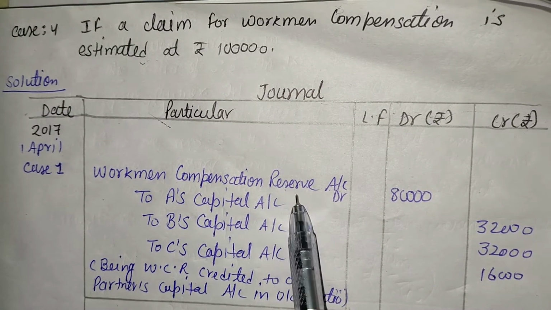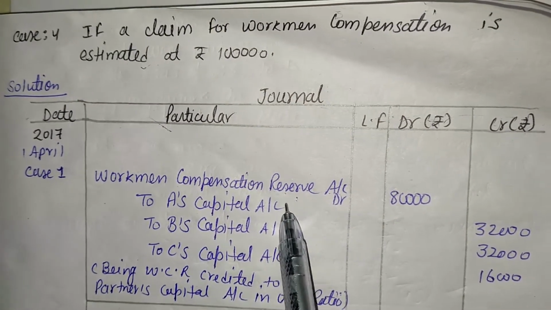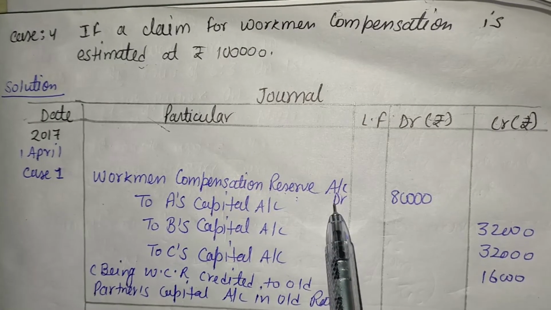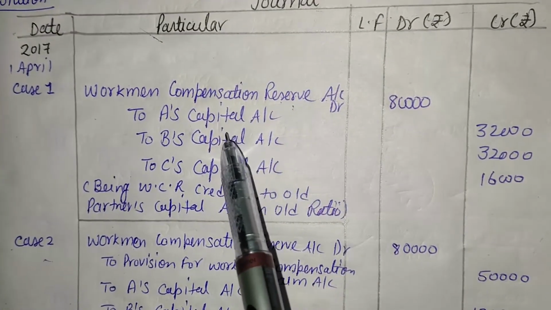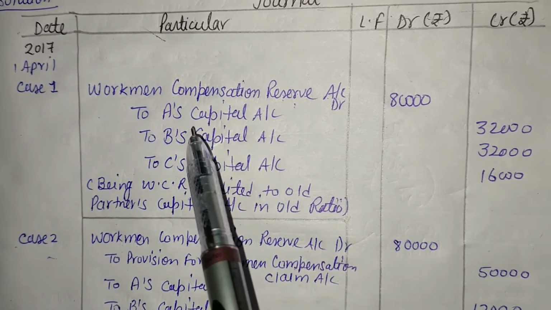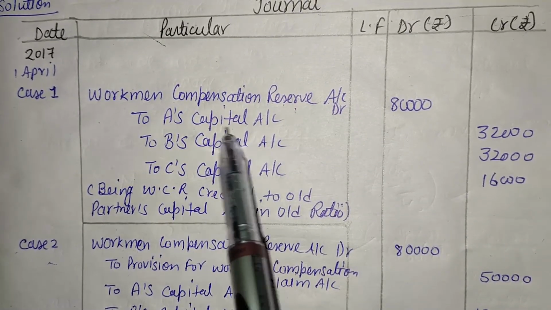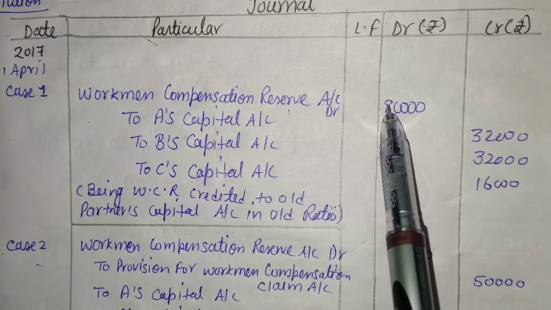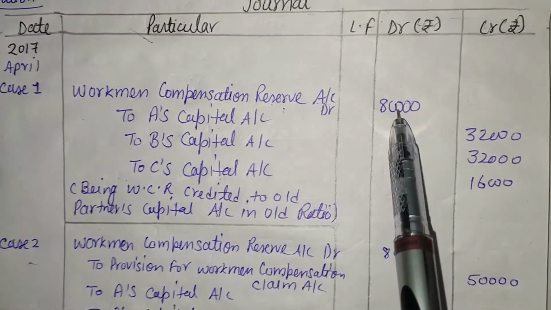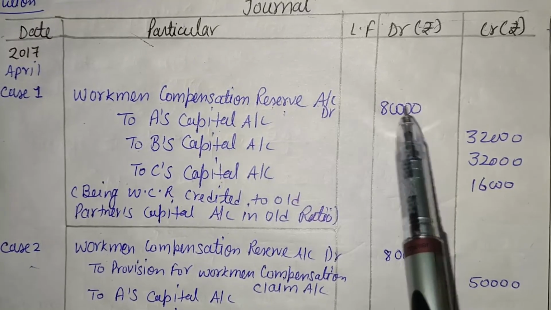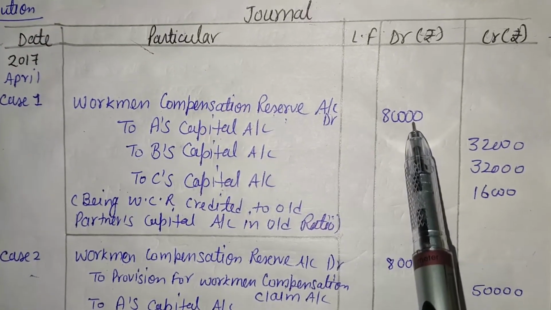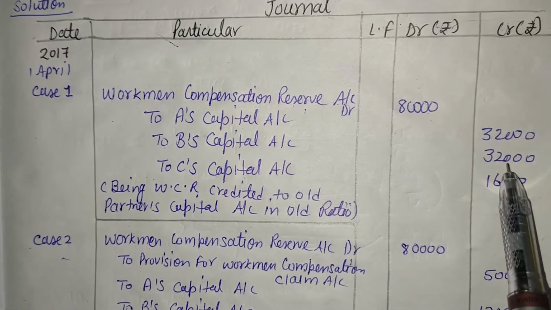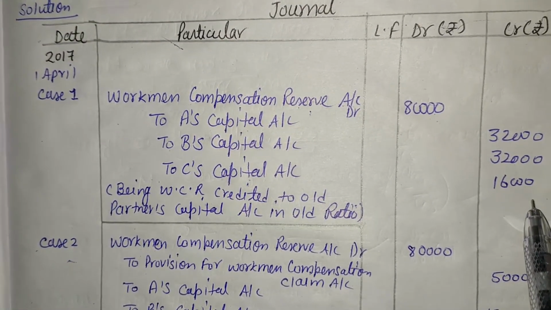Anything that comes on the credit side should be debited. So workman compensation reserve account debit to partners' old partners' capital accounts. And who are the old partners? A, B and C. To A's capital account, to B's capital account and to C's capital account. That workman compensation reserve given in the balance sheet is 80,000. So that 80,000 is divided in the old ratio, that is 2:1. It means 32,000, 32,000 and 16,000.